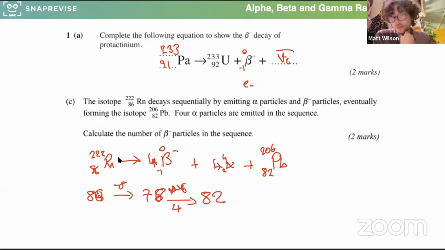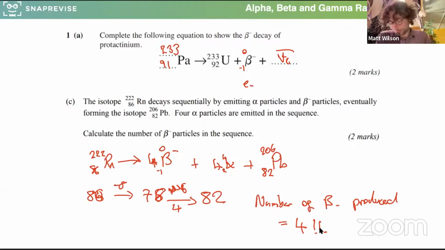And that indeed does give us 86. So both sides here have 86 on the bottom. This equation balances. So just for the examiner's sake, let's write it very explicitly. Number of beta minus particles produced equals 4. Okay, very good.